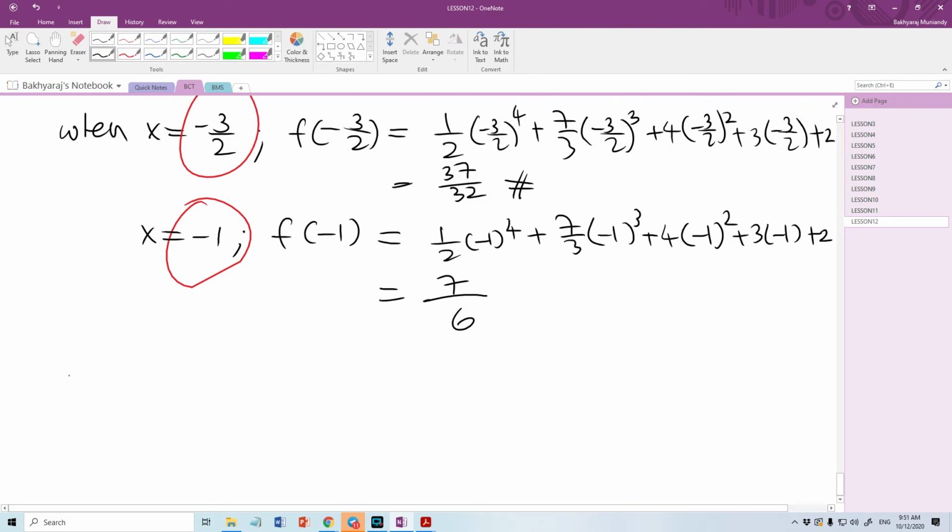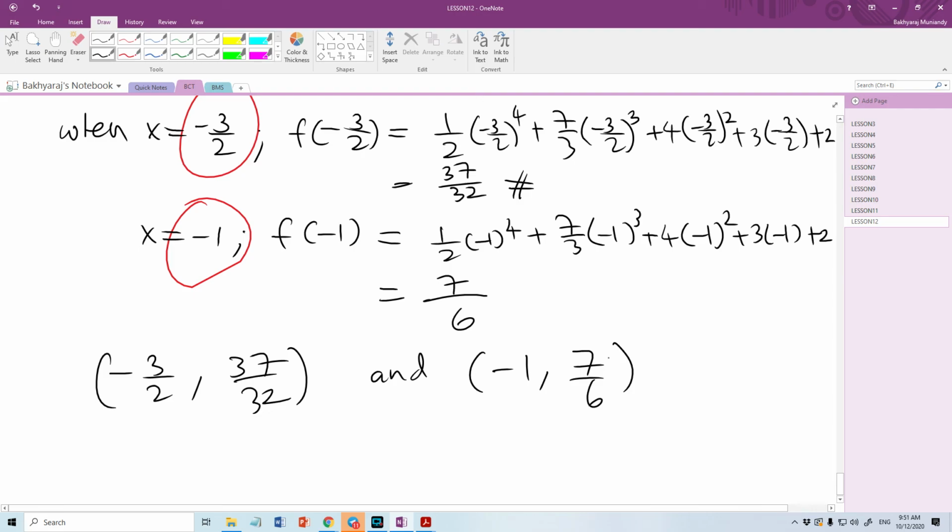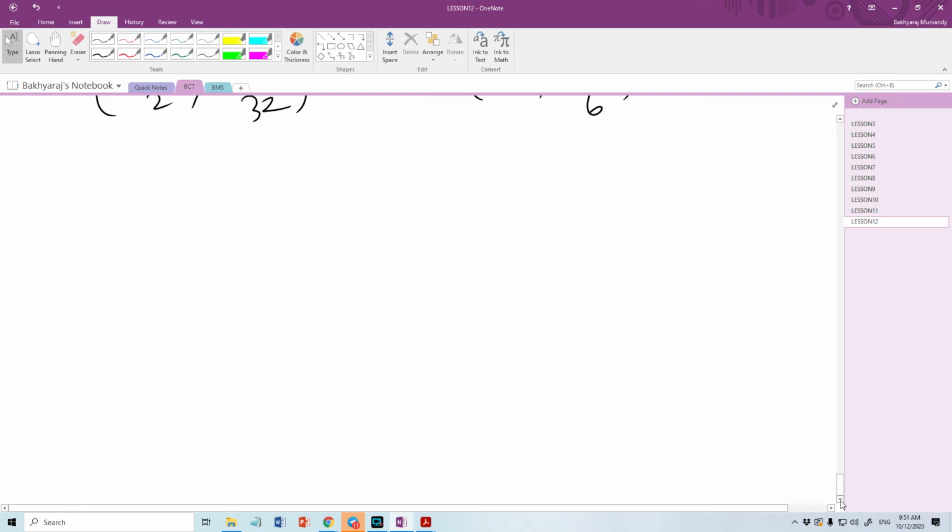So we get the stationary point is negative 3 over 2 and 37 over 32. And we have another point with negative 1 and 7 over 6. Okay, so these are the stationary points. Kita dapat stationary points. Once you get stationary point, then we need to decide whether stationary point is minimum, maximum, or inflection lah.